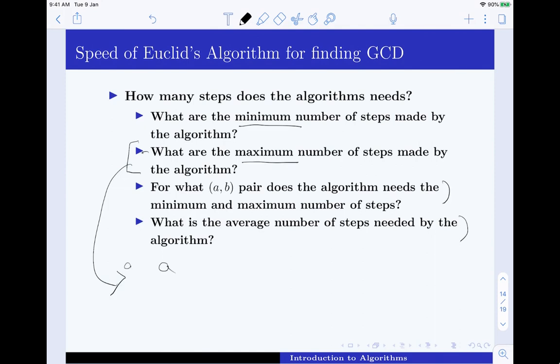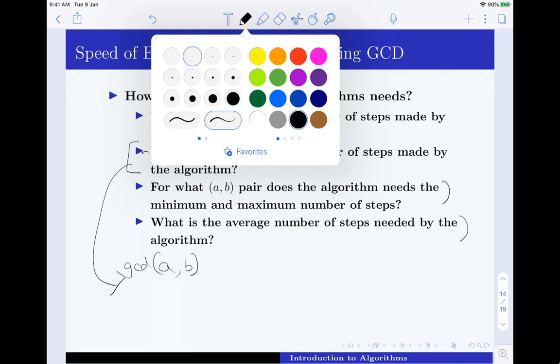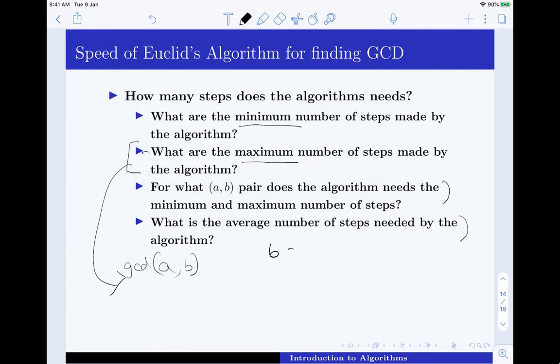I have A and I have B, and I have to compute the GCD of A comma B. So I will write A and B over here, and the first statement, if I write it in a slightly different way, would be that I write B as A times Q1 plus R1.